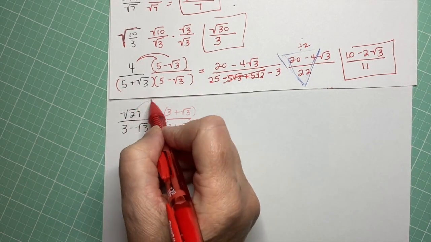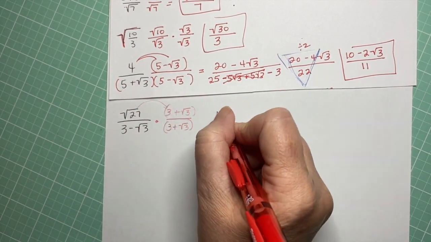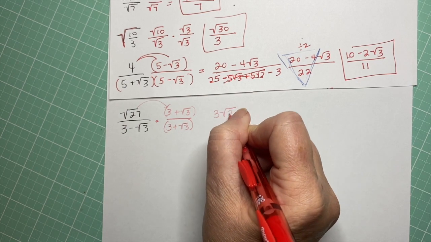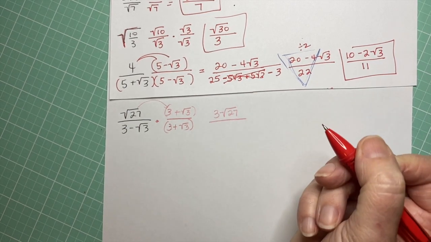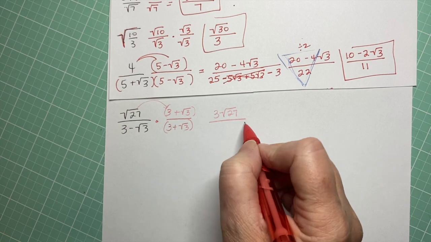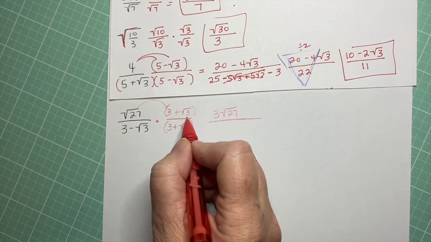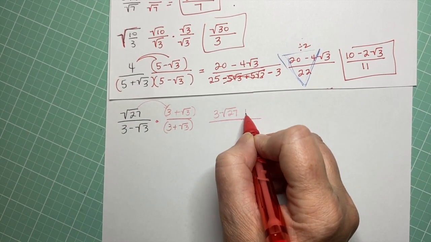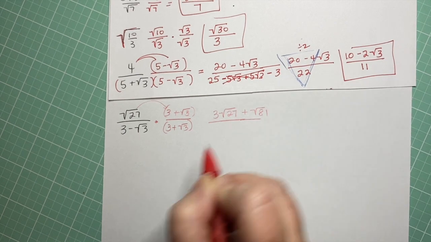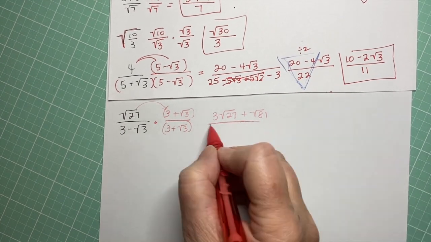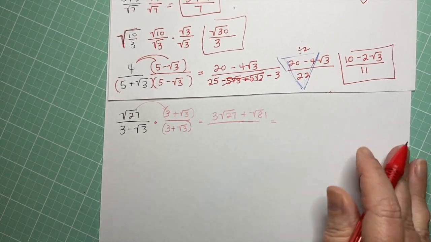So on the top, we're going to distribute. So 3 times the square root of 27 is 3 square roots of 27. And then the square root of 27 times the square root of 3 is plus the square root of 81. And so let's go ahead and keep simplifying like that.